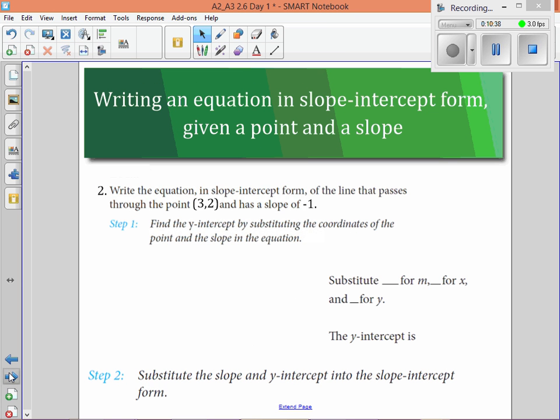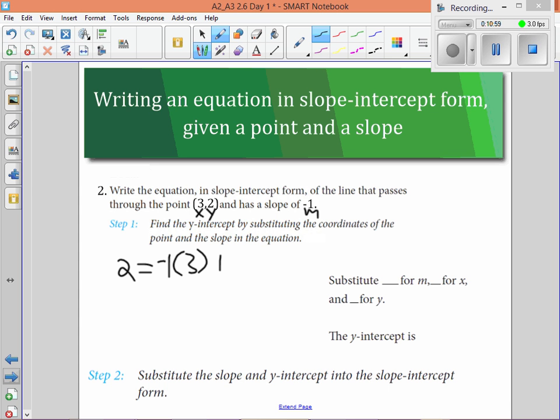Okay, I'll do this one more time just to be clear, and I'll speed through this, and then I'll ask you to do your turn problem. I'm given the coordinate point (3, 2) and a slope of negative 1. Once again, in y equals mx plus b, we have x, y, and m. So 2 is equal to negative 1, the slope, times 3 plus b.